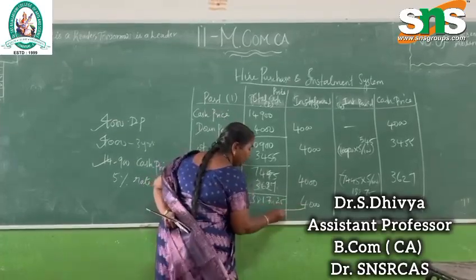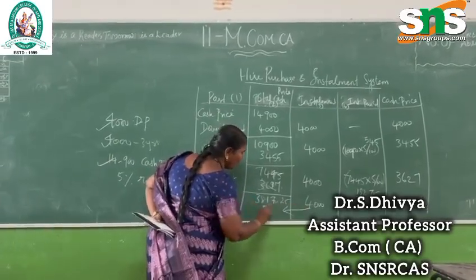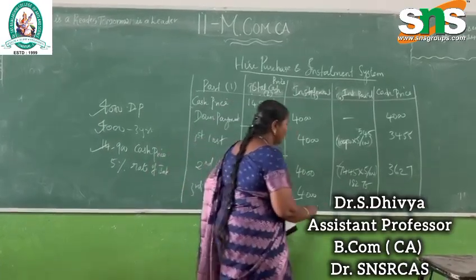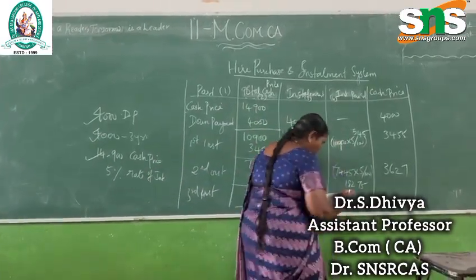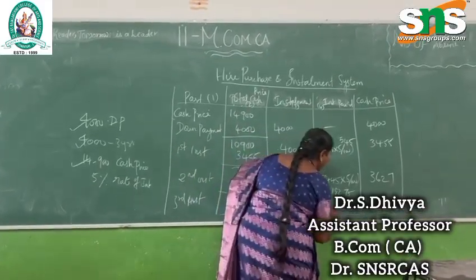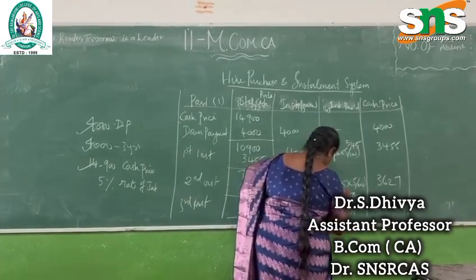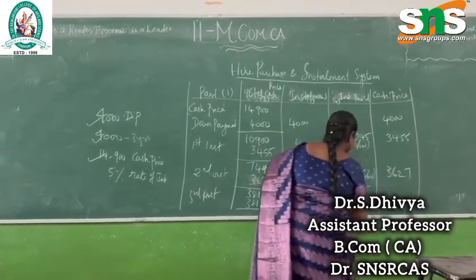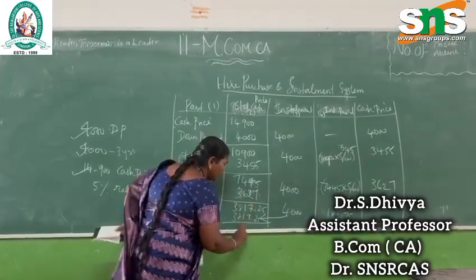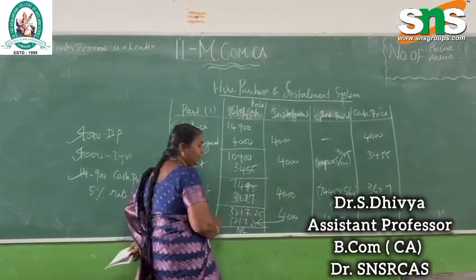They will take the installment amount from the principal, and the remaining amount is 4,000 minus 3,870, which is 182.75. So here the principal amount they have paid fully.